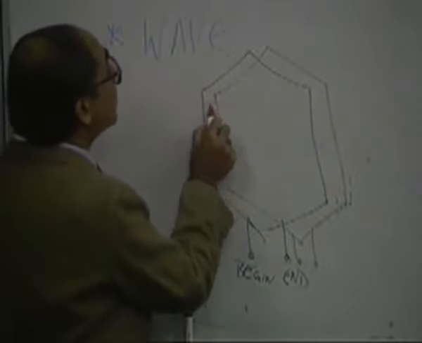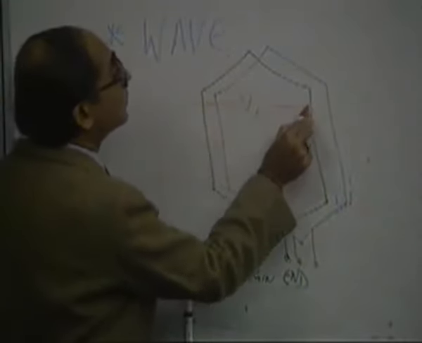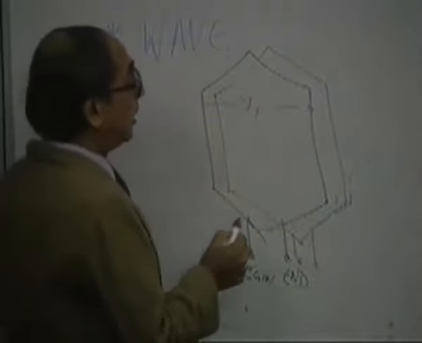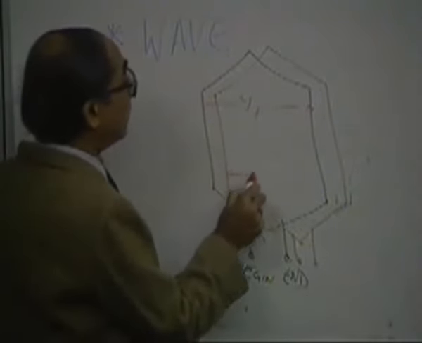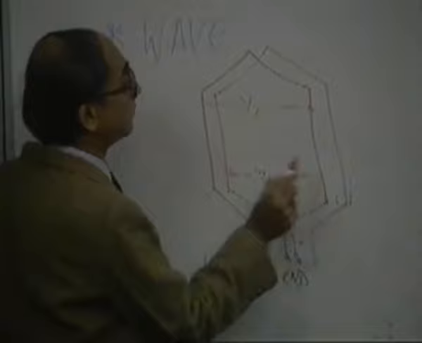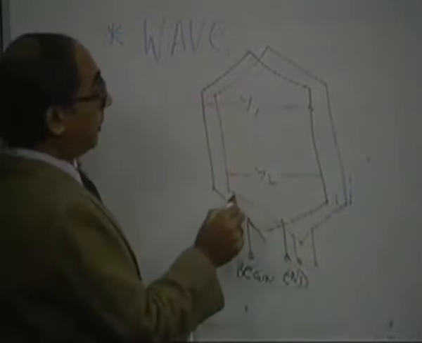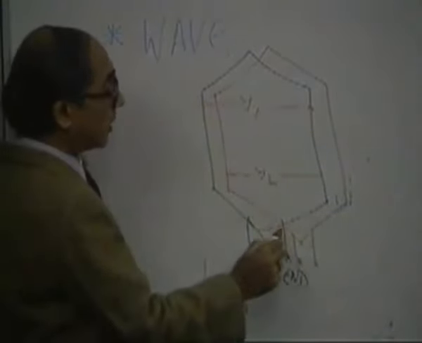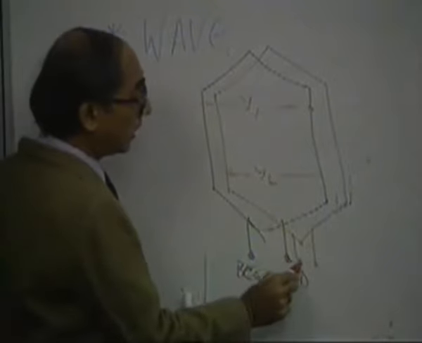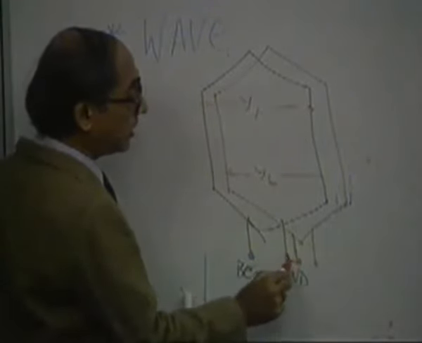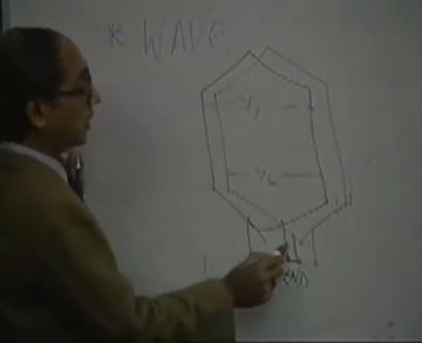We defined this as YF, and we have defined this as YB, which would mean that after all the turns are completed here, you are connecting these coils in this manner, so that the next one starts.